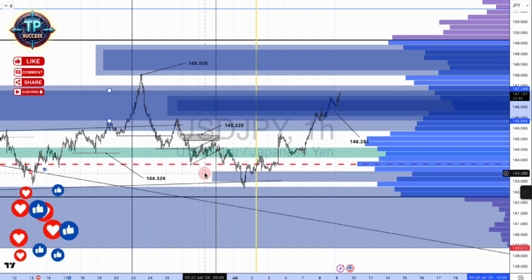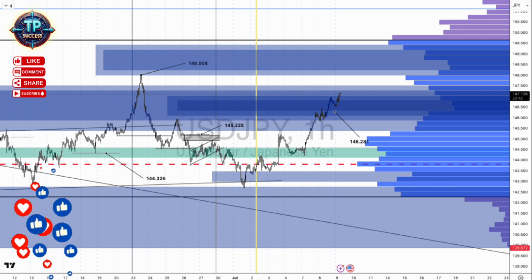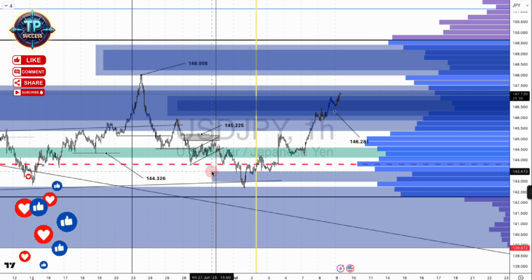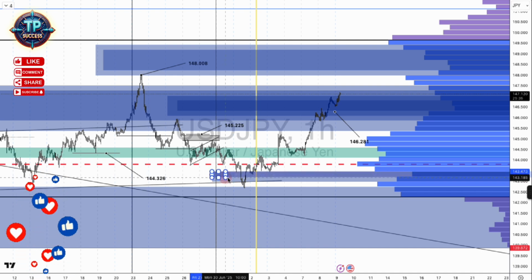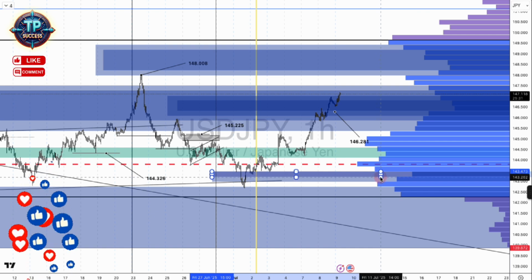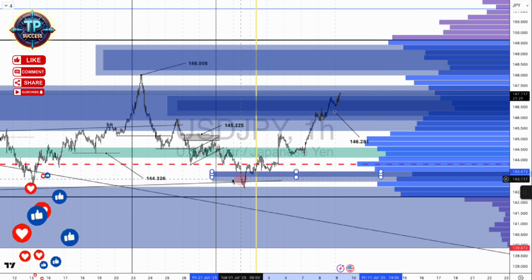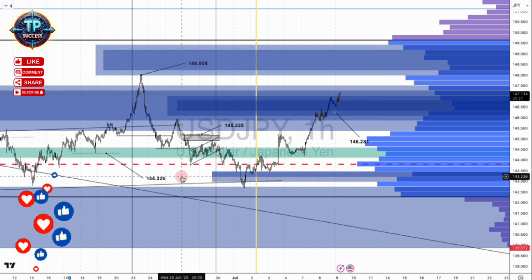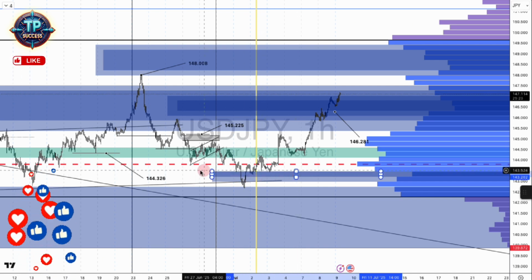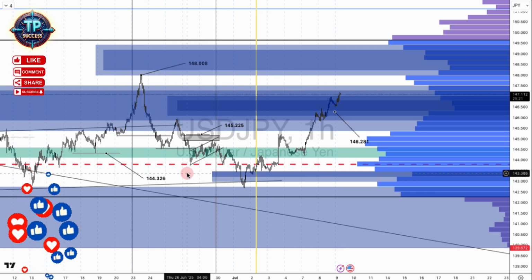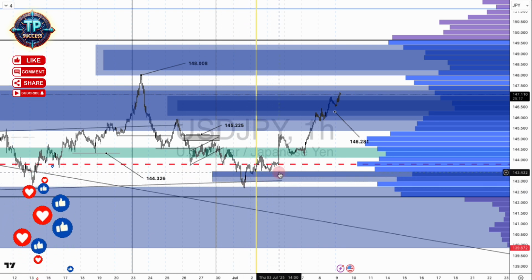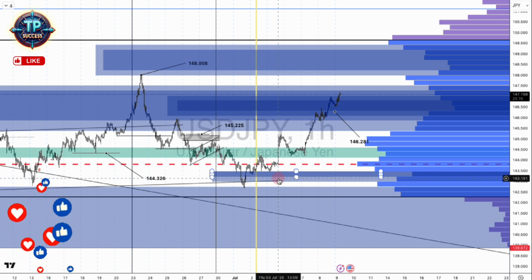Because I've just started doing this on this video, but I think this is something I will be doing moving forward, which is adding tiers into the low value node areas to give us an idea as to how strong it actually is. So we can see here the bounce of where price blasted through this low value node area was quite strong.